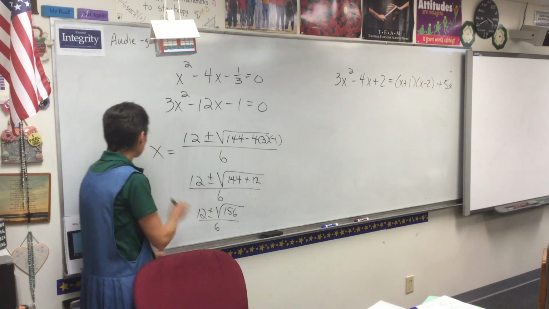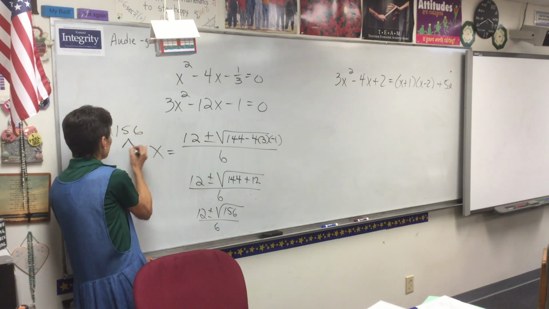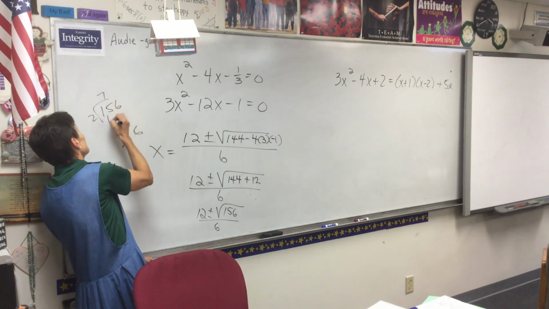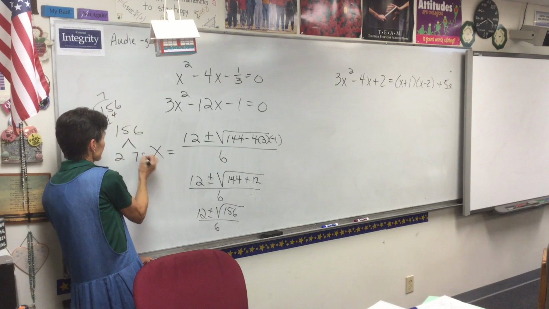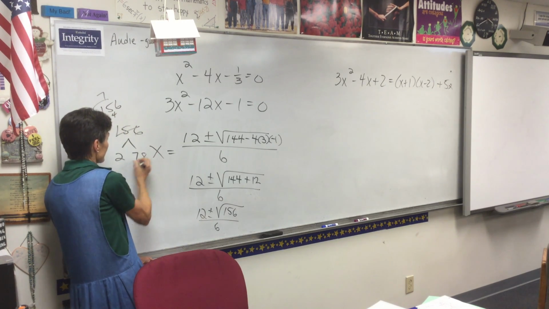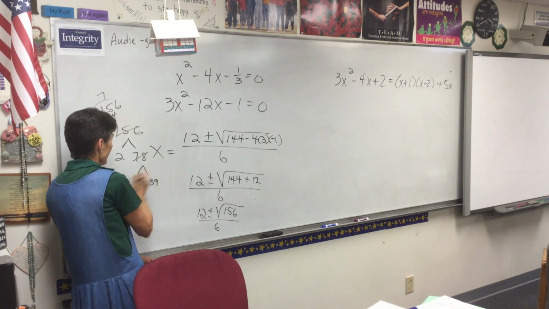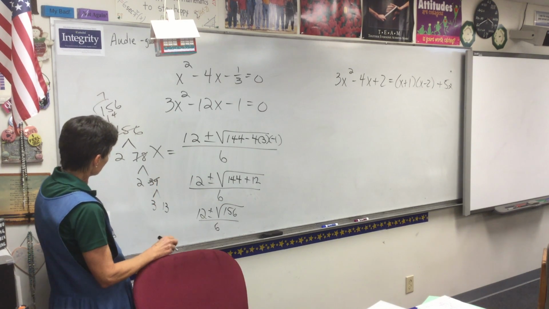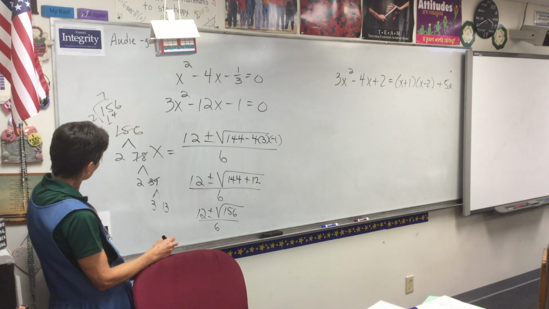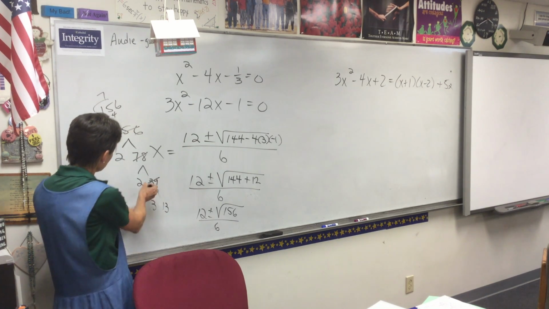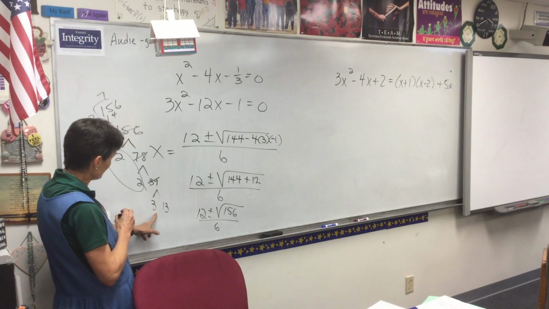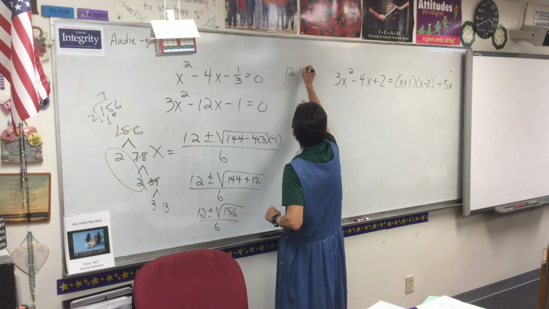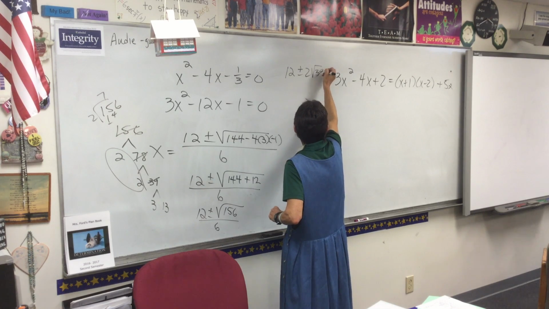All right, here we go. 156. Now break it down. So let's see. 2 goes into there 78 times. 78 is 2 times 39, and 39 is 3 times 13. So I have my 156 all broken down, and it looks like I can take out a 2, and I'll be left with root 39.